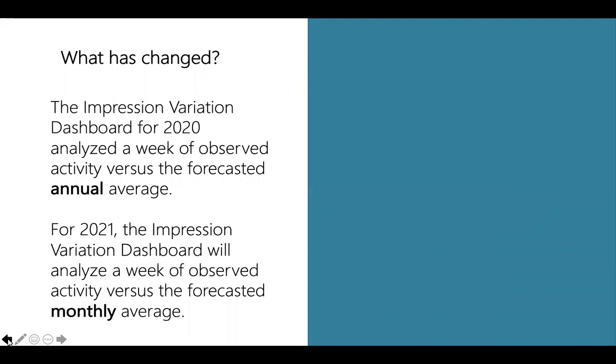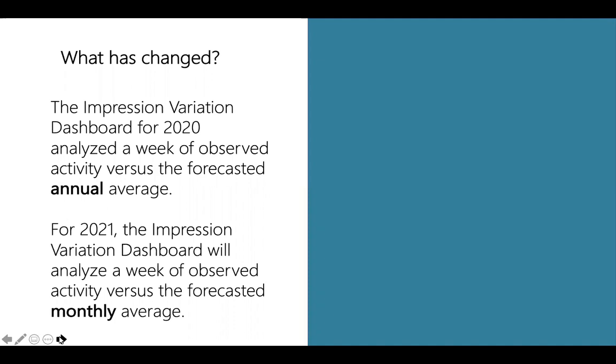So what's the big difference? What's new in 2.0? Well, one of the biggest challenges was that the impression variation report was the weekly variation, so the observed week versus the forecasted annual average. Again, this one number that we produce for an average weekly impression number.